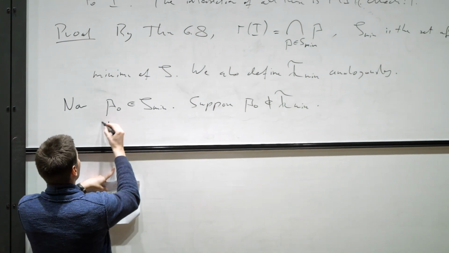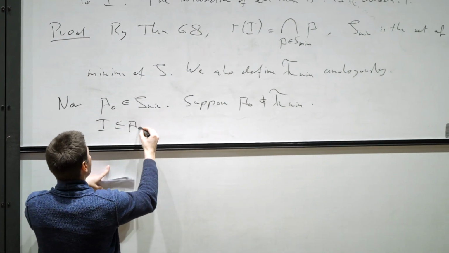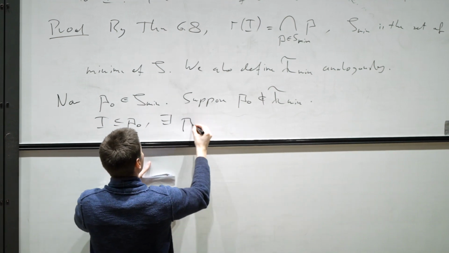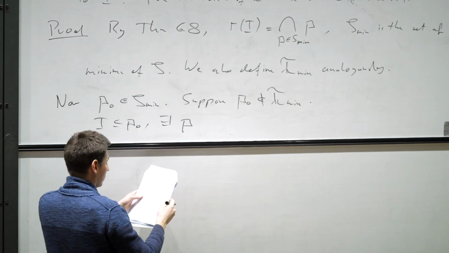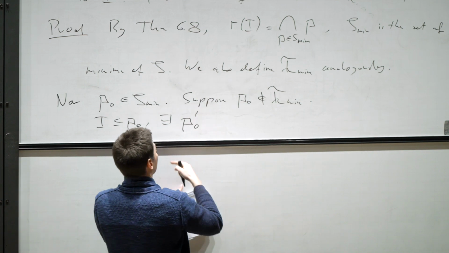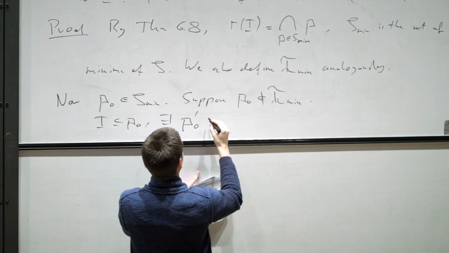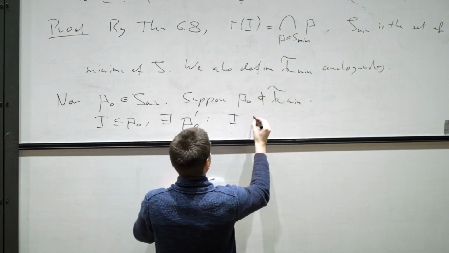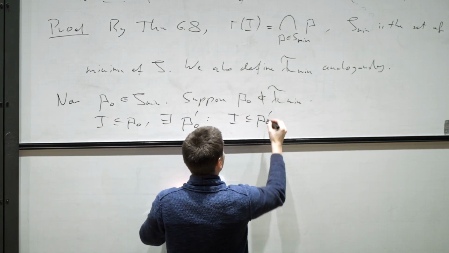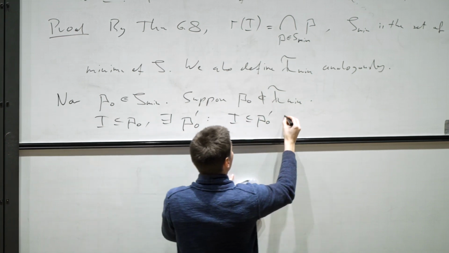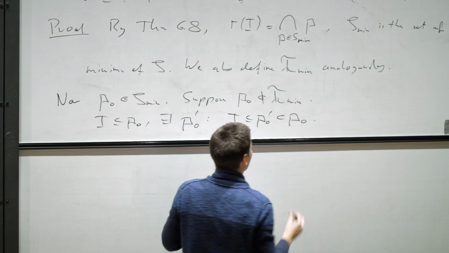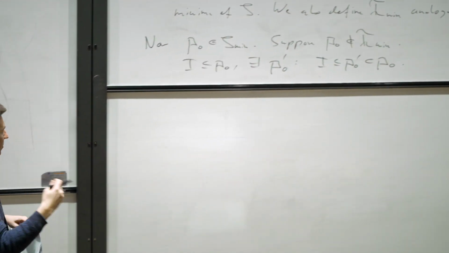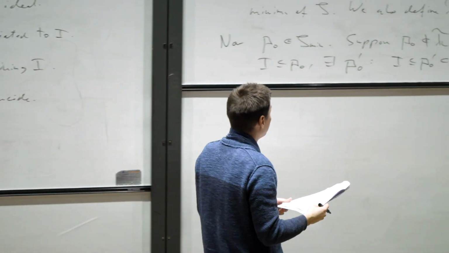Note that I sits inside here, but it's not in I min, so that means that there exists some other prime P0 prime, which has I inside, so it lies in curly I, but it lies properly inside P0. I'm not the minimal guy in curly I, so there's something in curly I which is smaller than me.